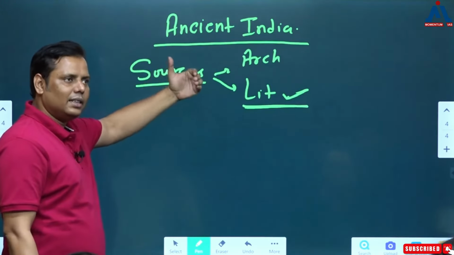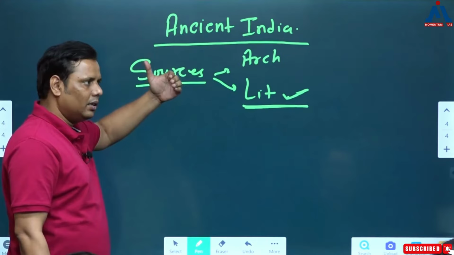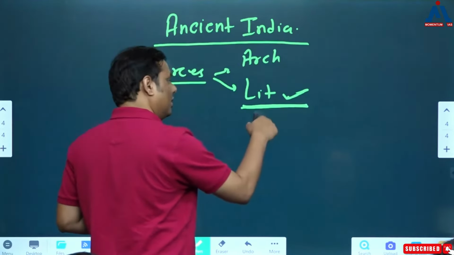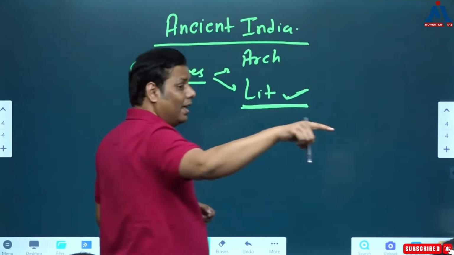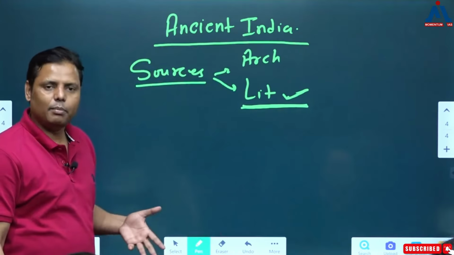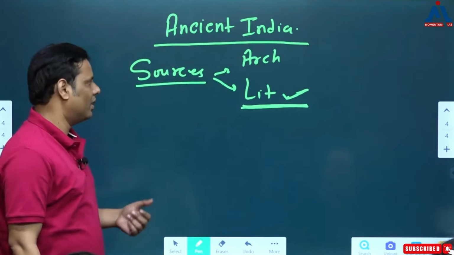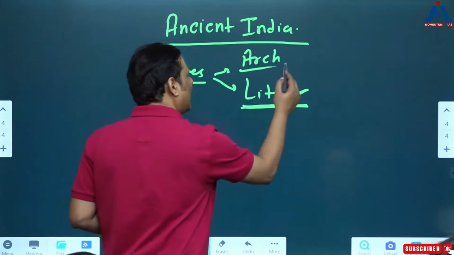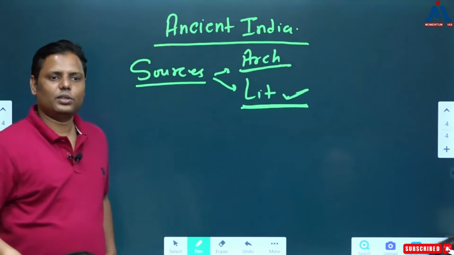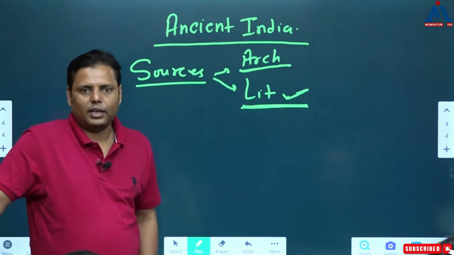And the sources are not very clear in the case of Indian history. We have used literary sources more, but archaeological sources are better sources. Yes, there may be a debate on this, but it is true that at least archaeological sources do not lie. But the literary sources, they definitely lie.